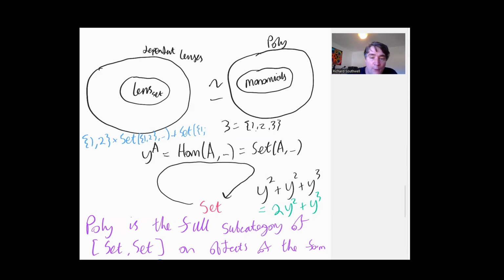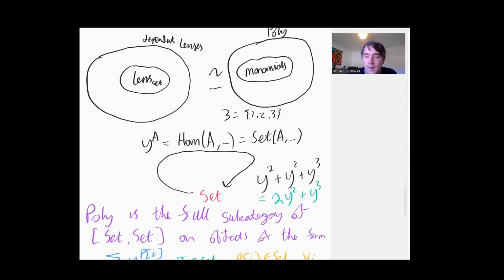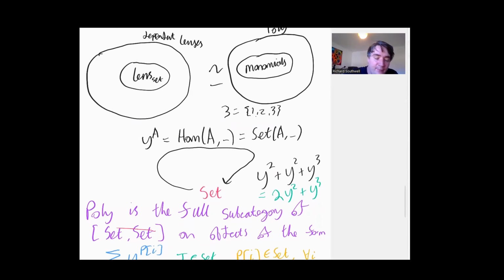Still the question remains, what is Poly? So Poly is a category, and it's a subcategory of the category of endofunctors of Set. So we write this to denote the category of endofunctors of Set.